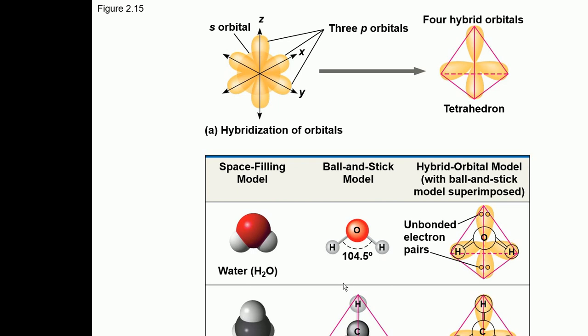In the case of methane, these are the hybrid orbitals of the carbon, and they form bonds with the 1s orbital of the hydrogen, because hydrogen has only one s orbital. When they bond, methane gets the shape of a tetrahedron.